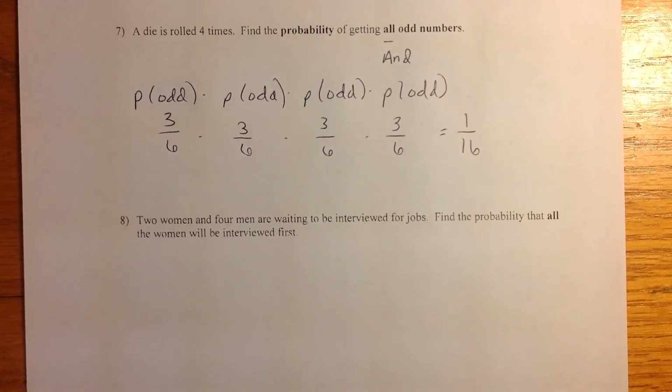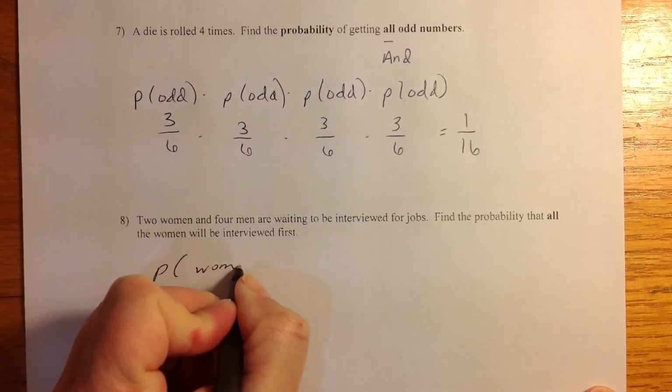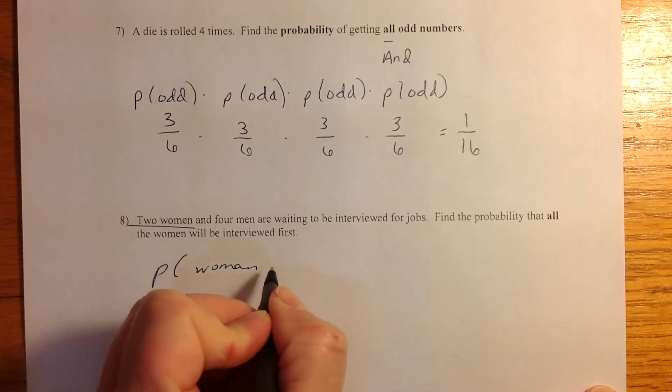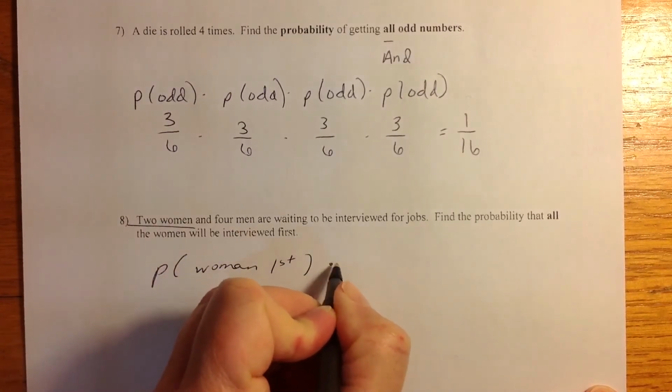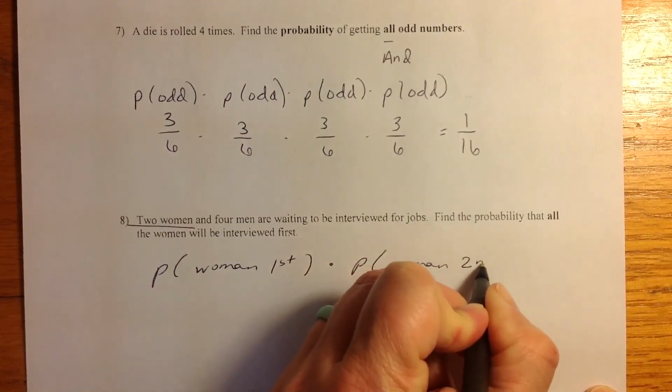All right, 2 women and 4 men are waiting to be interviewed for jobs. Find the probability that all the women will be interviewed first. All women first. So probability of all women first. So how many women are there? There's 2. So probability of woman first times probability of woman second.